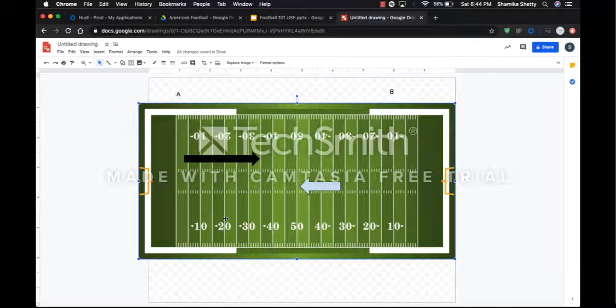So this yard line for team A is minus 20. For minus 20, they will get 4 chances to cover a distance of 10 yards. So if they are on minus 20, within 4 chances, they have to cover 10 yards. That is, they have to reach the 30th yard line or above it.